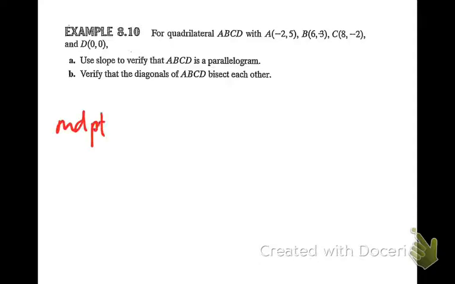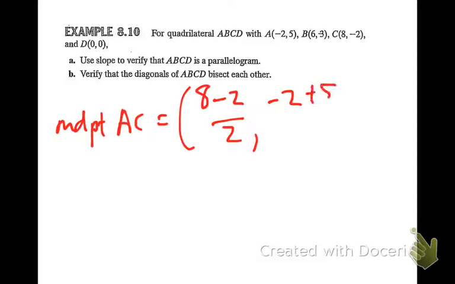Midpoint of AC is equal to 8 minus 2 over 2, and negative 2 plus 5 over 2. So that is equal to 6 divided by 2 is 3, and 3 over 2.